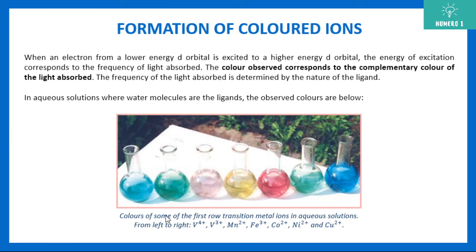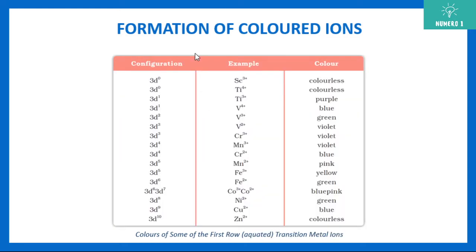We have said that these are some of the colors, and this coloring occurs because of d-d electron transition. Again, here are some of the electronic configurations, these are the ions and these are the colors. Note that in all these we talk about only the first row, that is the 3d series, aquated. Aquated means water is your ligand.